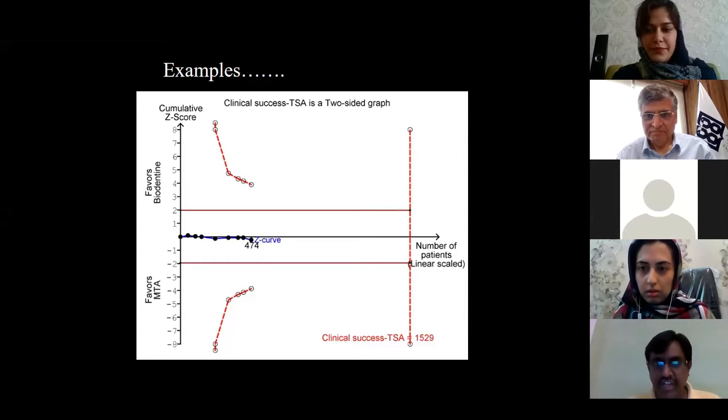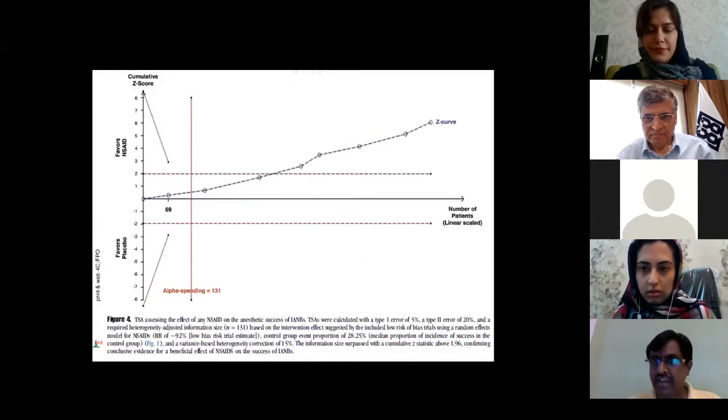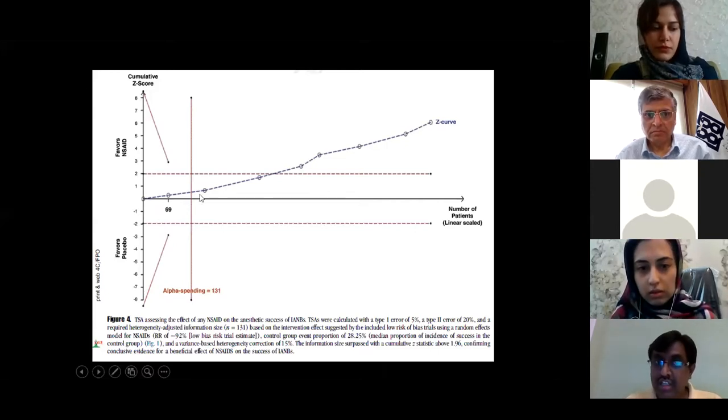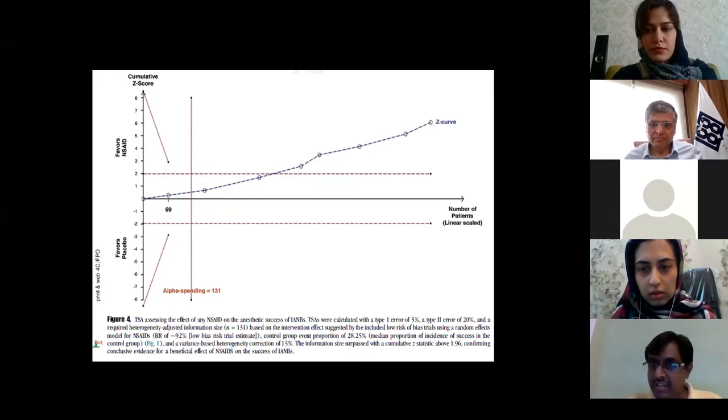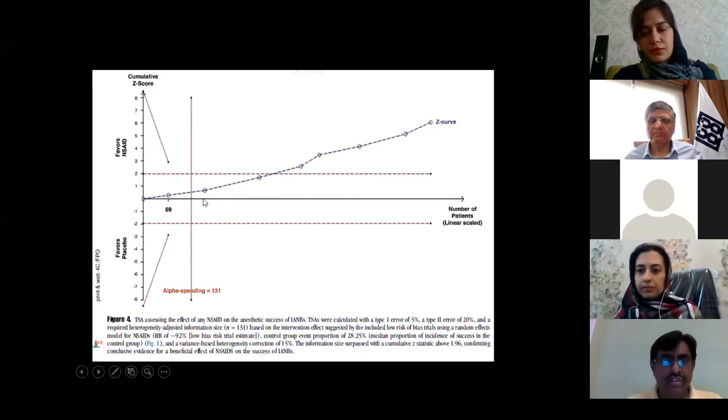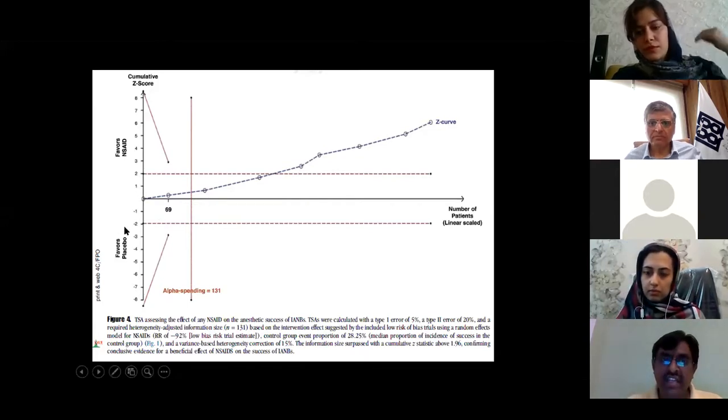I will show you the next slide. See, it has already crossed. My expected number of samples is 131, whereas with all the studies I have crossed my Z curve here. So it means you need no further randomized clinical trial. Here I am comparing NSAID with placebo.